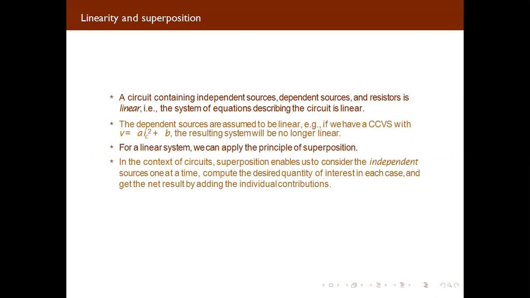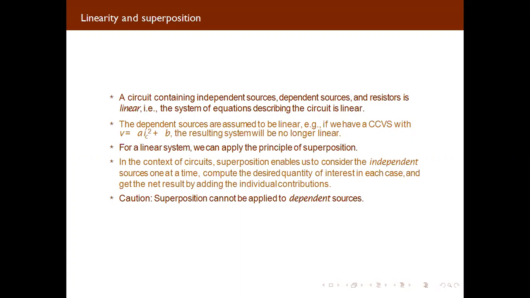So in a linear circuit containing linear and bilateral elements and energy sources, the voltage across any branch or the current is given by the algebraic sum of the voltage or current due to each energy source considered individually.